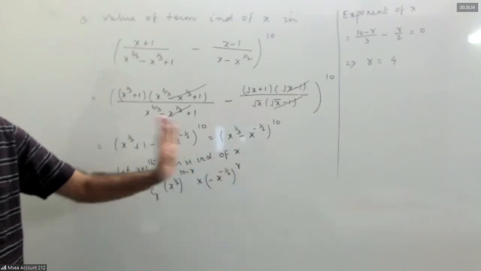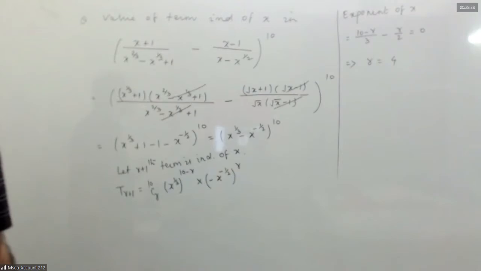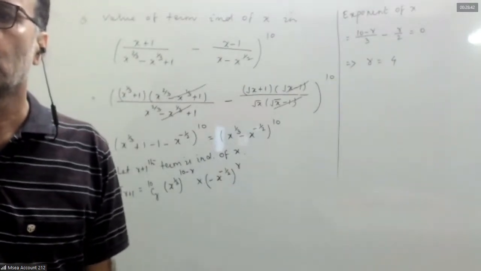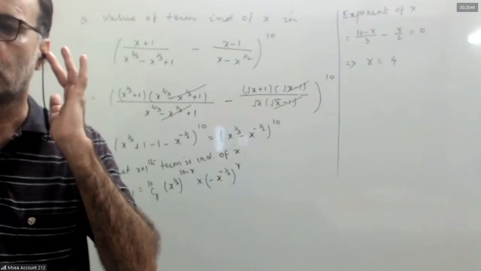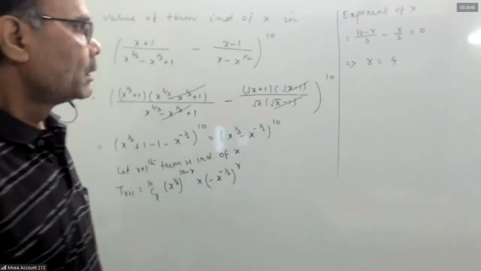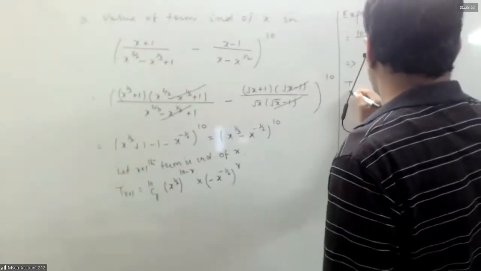Minus 1 to the power 4 is 1. Simply 10C4. So therefore, the fifth term will be independent of x.